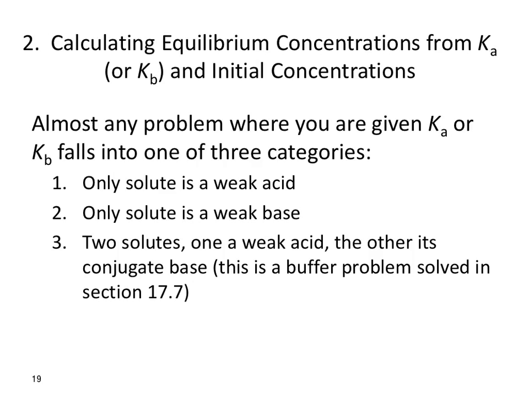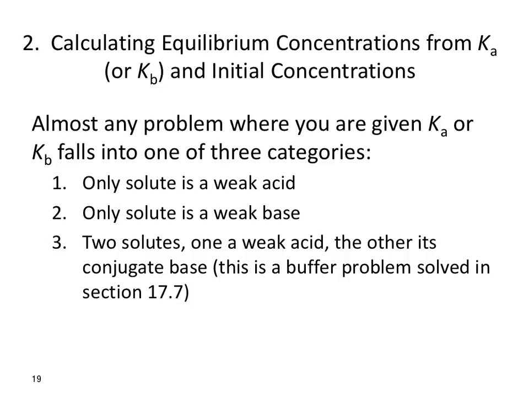Okay, we can also calculate equilibrium concentrations from Ka or Kb and initial concentrations. So any problem where you get Ka or Kb will fall into one of the categories. The first is the only solute is a weak acid, or the only solute is a weak base.